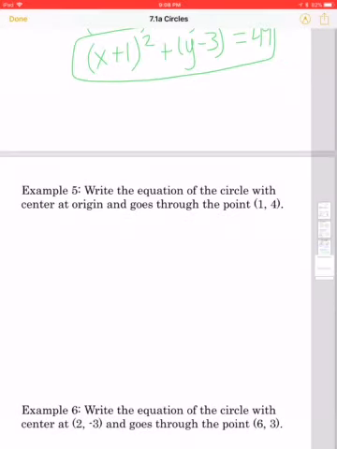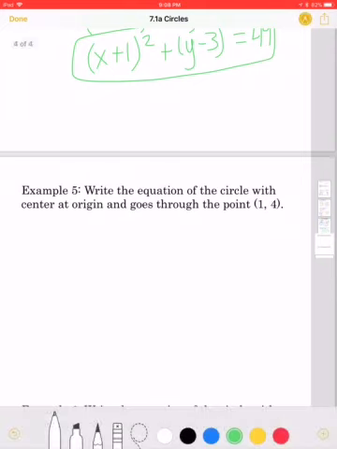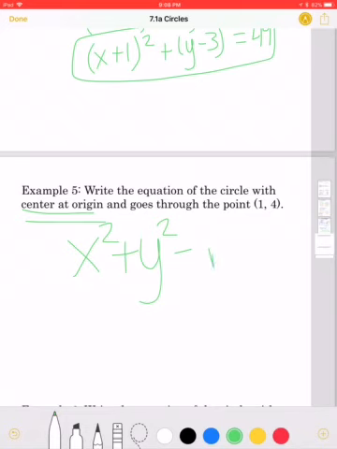Example 5 says write the equation of the circle with the center at the origin that goes through the point 1, 4. So when it's centered at the origin, remember the equation of a circle will be x squared plus y squared equals r squared. They've given me another point, which means I know an x, y coordinate along the circle. I can use that to solve for the radius, because that's the only thing I don't know.